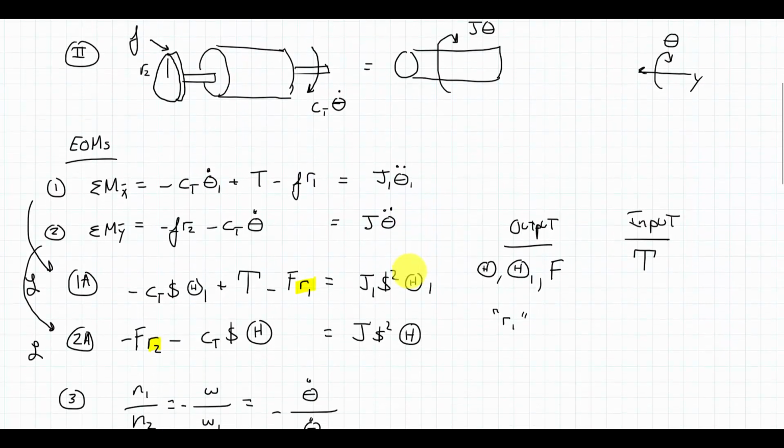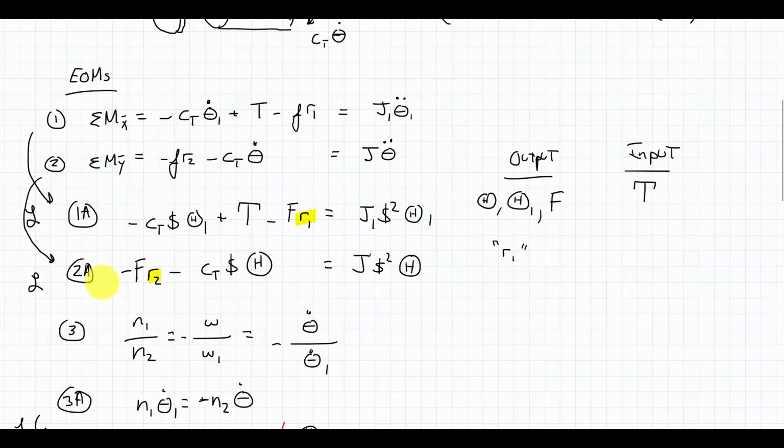But when I looked at 1a and 2a after taking the Laplace transform, well, two things happened. When I counted up my outputs, I have theta, theta 1, and F. So three functions of, well, frequency. And then my input, fancy T, which was the Laplace transform of capital T, my input torque.